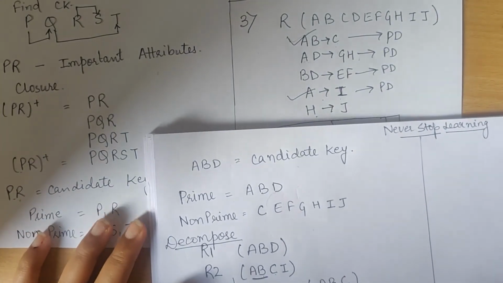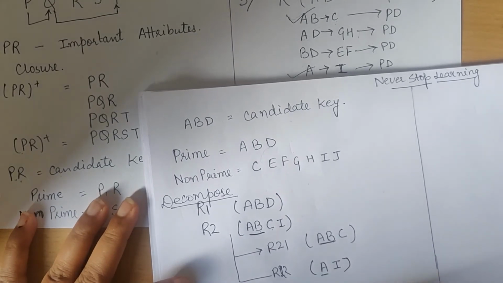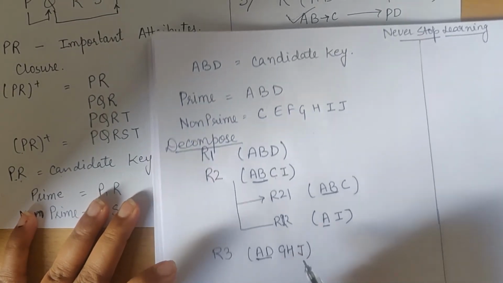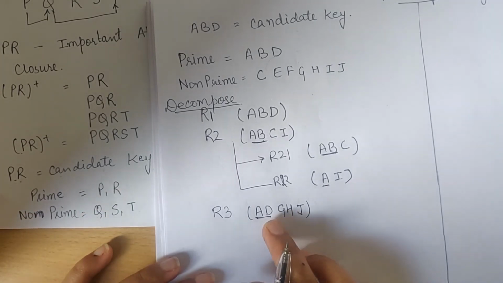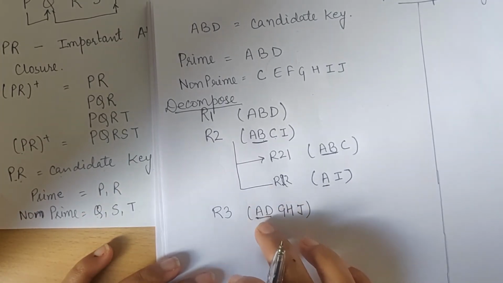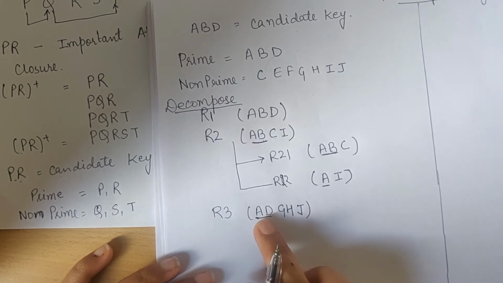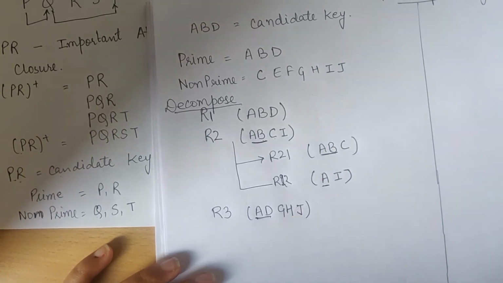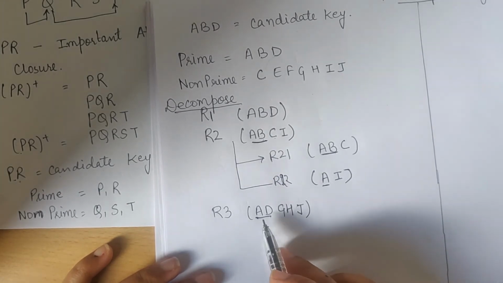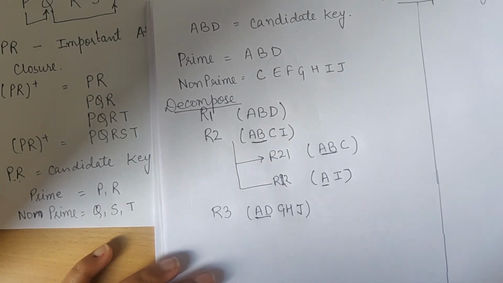For this table AD is the key. AD are the prime attributes and they are the key. AD determines GH, no problem. H determines J. H is a non-prime attribute, so a non-prime attribute determines a non-prime attribute. There is no issue. So the third table will consist of AD, GH, J. Okay.